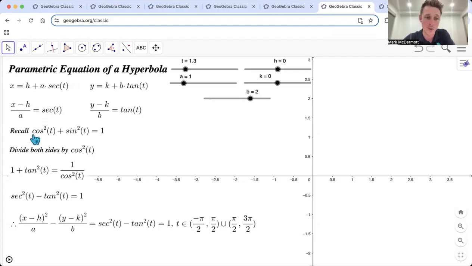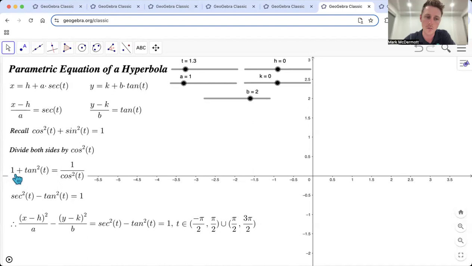Okay, again, recall the Pythagorean identity. What we're actually going to do now is a little extra step, because if you can recall, a hyperbola is the same as an ellipse, except you've got a minus there. We're going to exploit an interesting fact about the Pythagorean identity, and divide both sides by cos squared t.